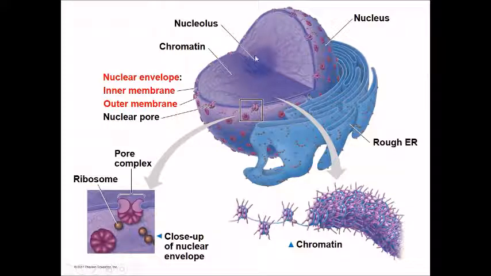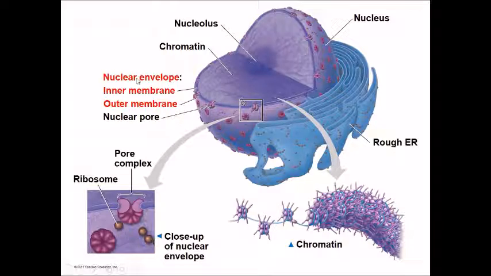The inner core of the nucleus is known as the nucleolus. We have the chromatin here, and it is wrapped by the nuclear envelope that consists of an inner membrane and an outer membrane. We also have a nucleopore here.